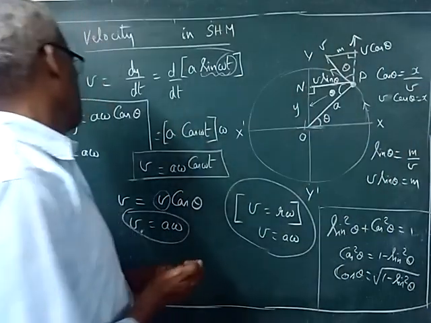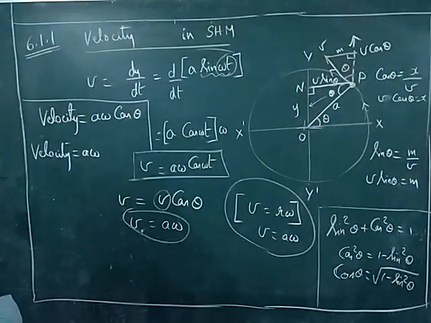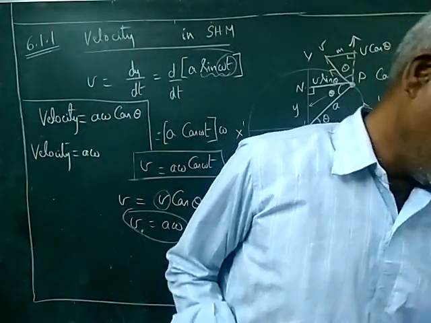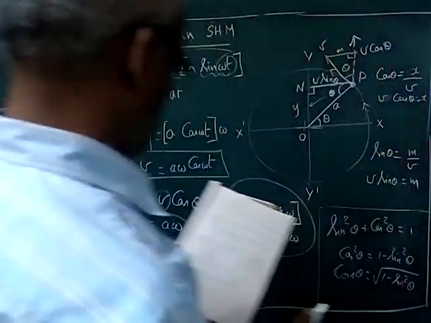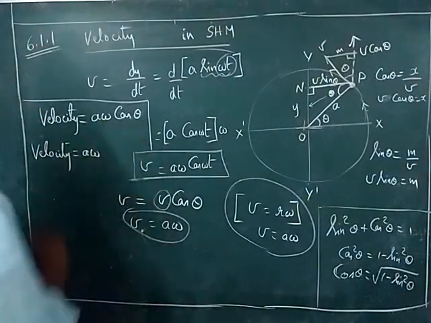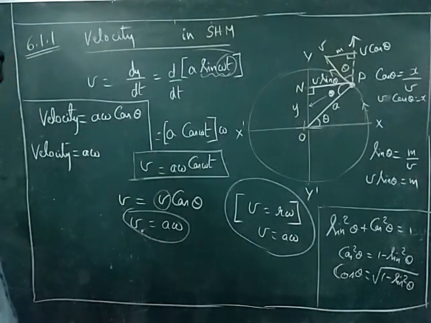So what we can do is, in the place of cos theta, we can replace by square root of 1 minus sin square theta.